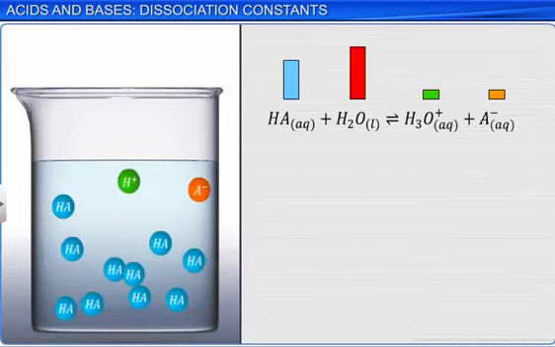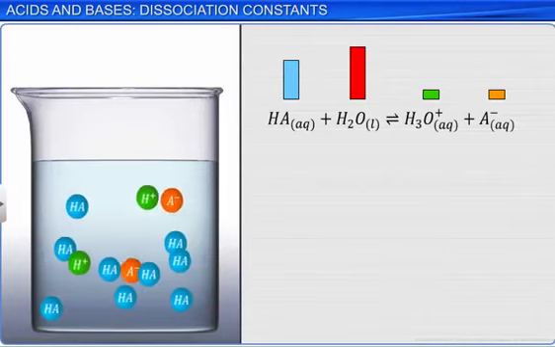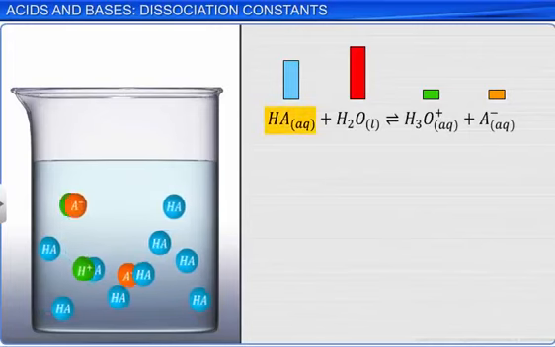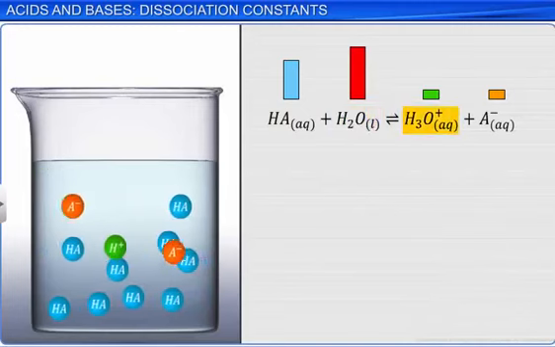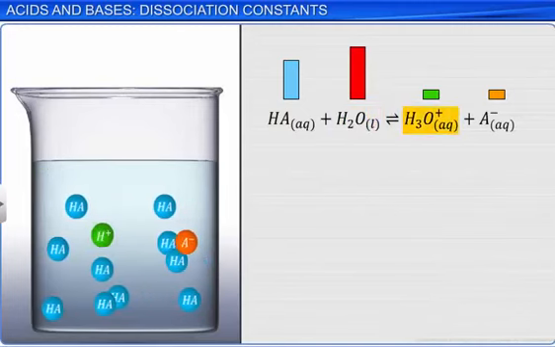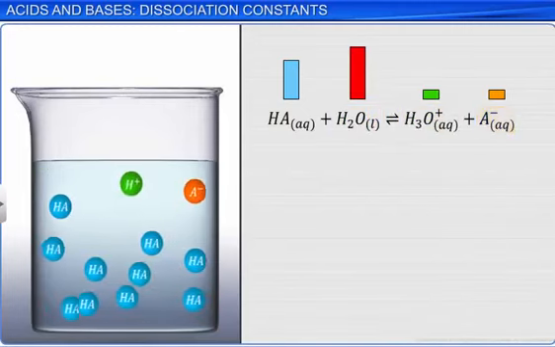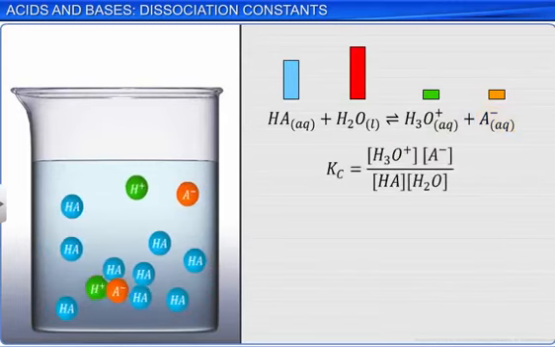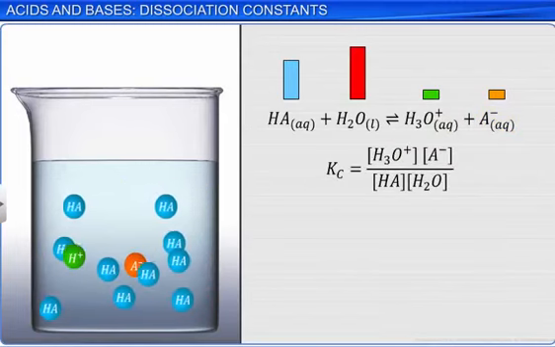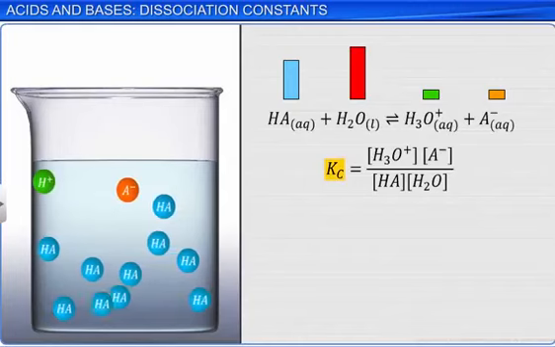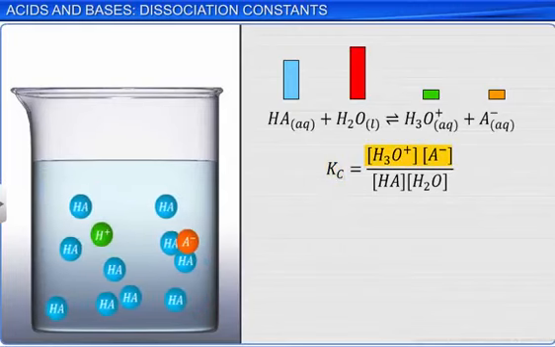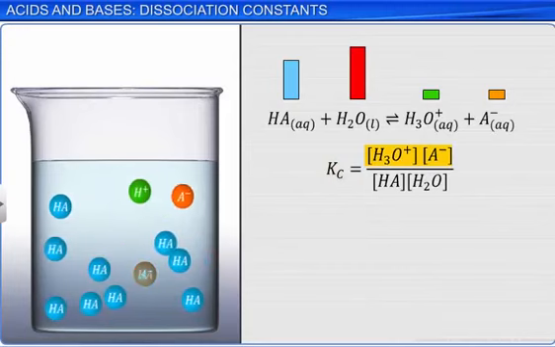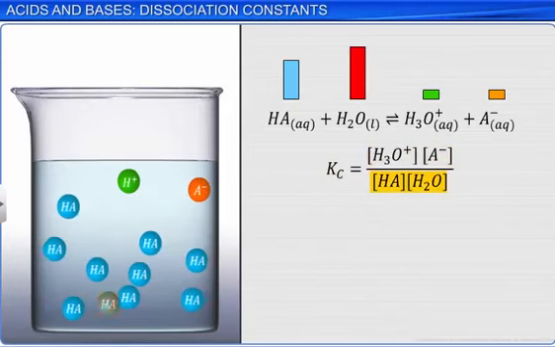This equilibrium can be expressed as HA (aq) + H2O (l) ⇌ H3O+ (aq) + A− (aq). The equilibrium constant for this reaction can be written as Kc equals the product of concentration of H3O+ and A− ions divided by the product of concentration of HA and H2O.